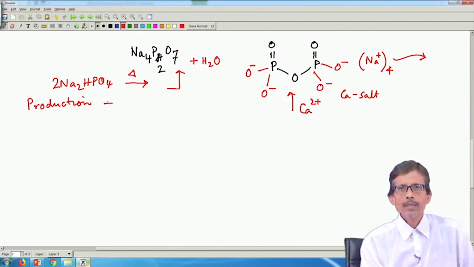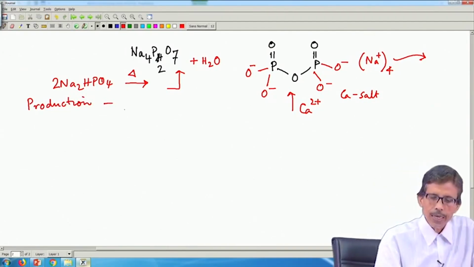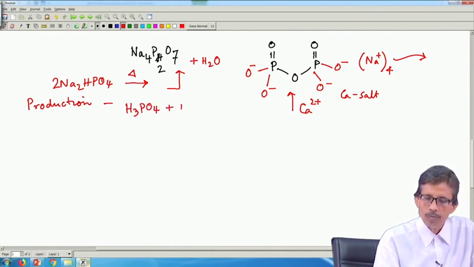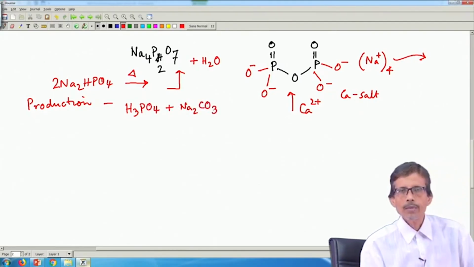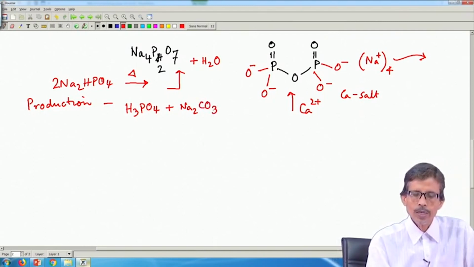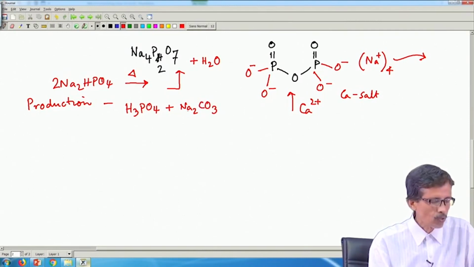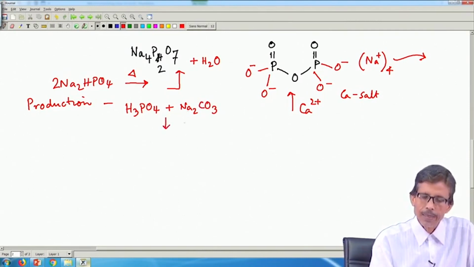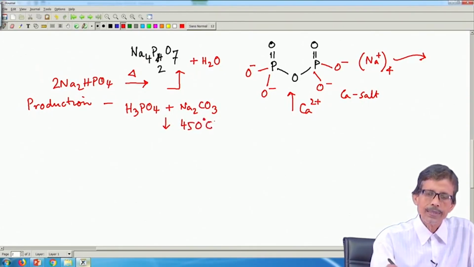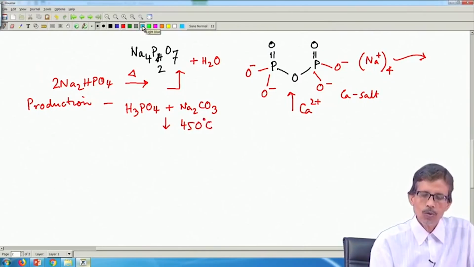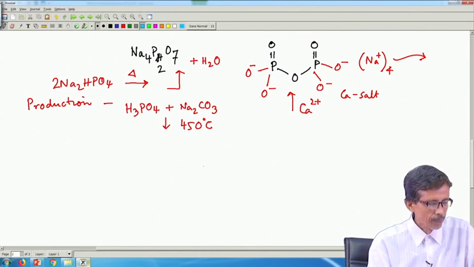The large scale production we can get directly from phosphoric acid by reaction with sodium carbonate. So, sodium carbonate will take care of these protons, and here a temperature in the range of 450 degrees centigrade will be useful for this preparation.